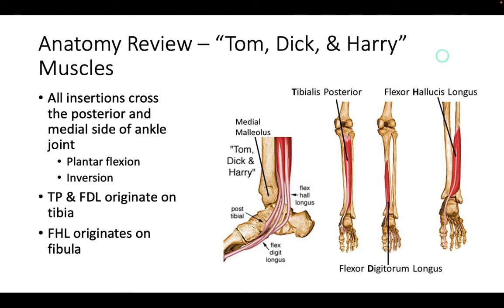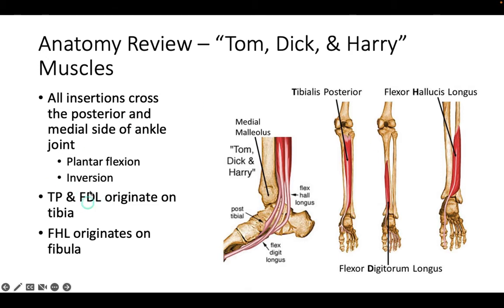They're on the posterior and medial side of the ankle. Since it's posterior, you get plantar flexion, and since it's on the medial aspect of the ankle joint, you get inversion. But it should be noted that the tibialis posterior and flexor digitorum longus originate on the tibia, whereas the flexor hallucis longus originates on the fibula.